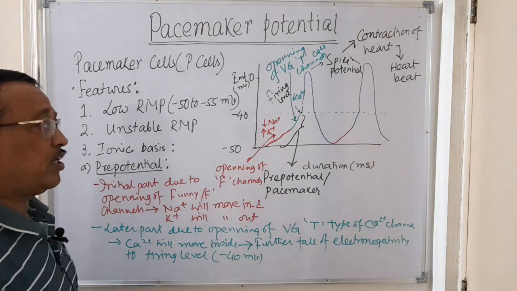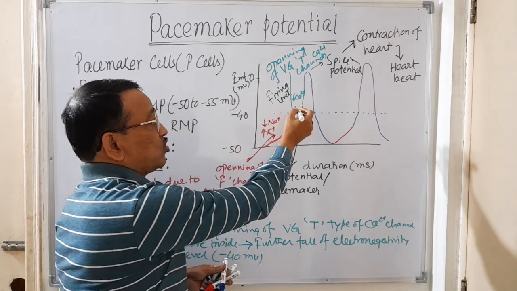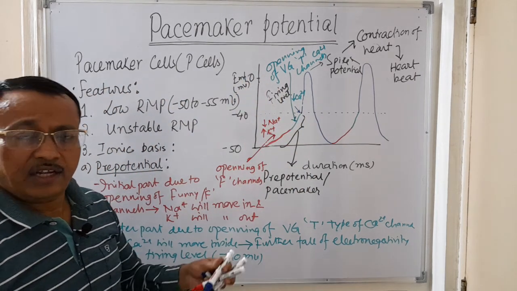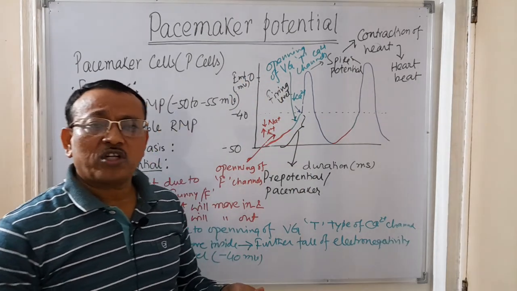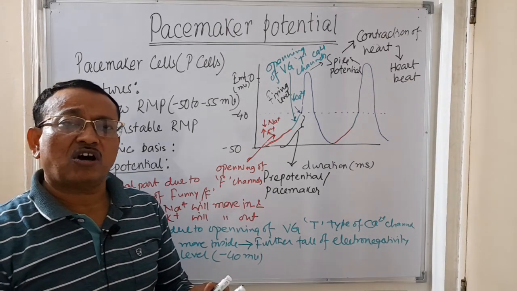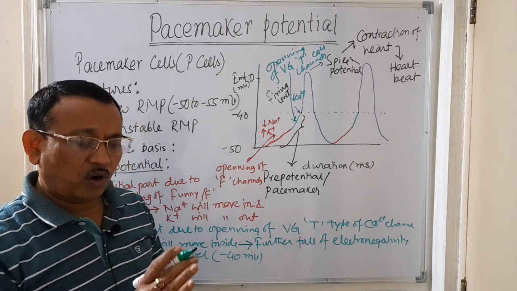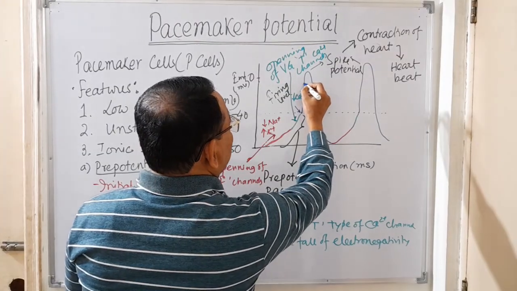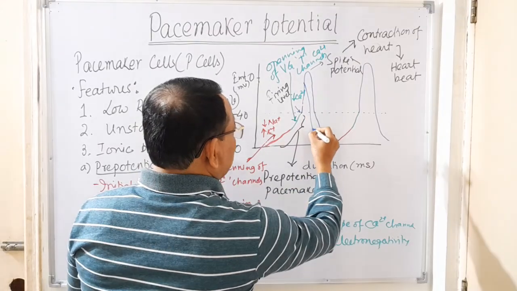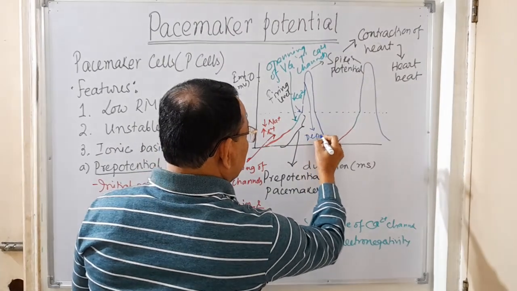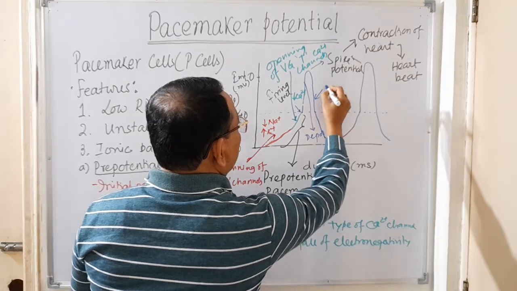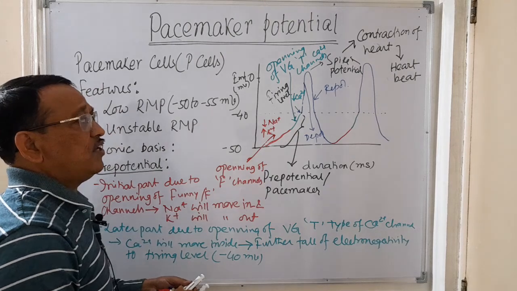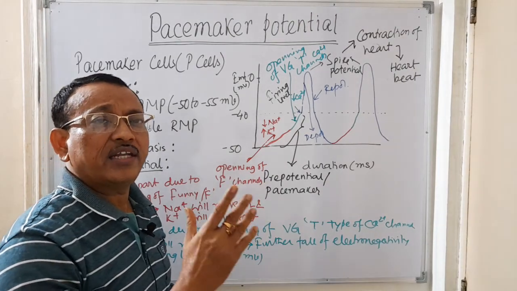Once the firing level is reached, as I told, the spike potential or action potential will be developed, and you know that the spike potential is comprised of depolarization and repolarization. This uprising part is the depolarization, and this part is the repolarization.